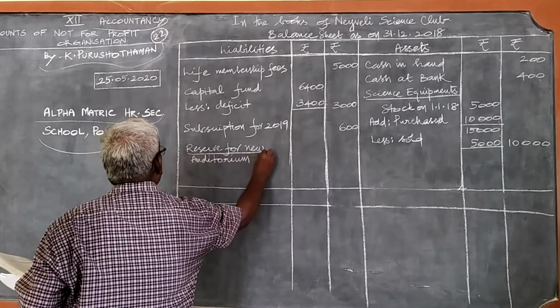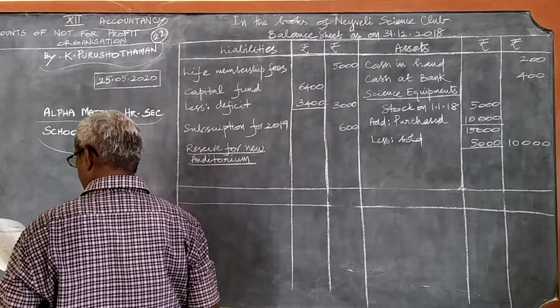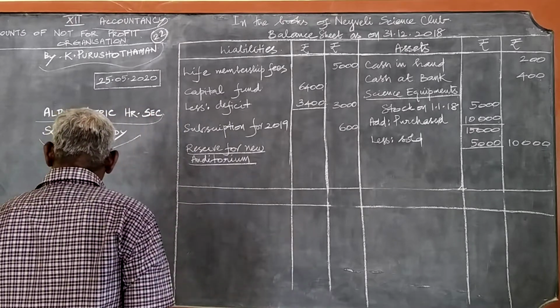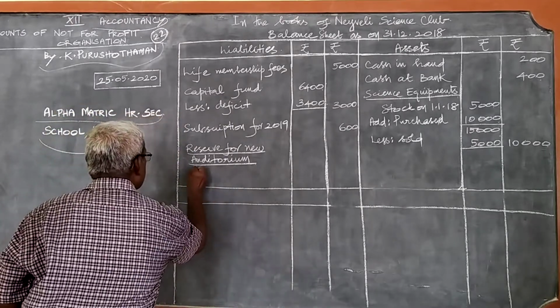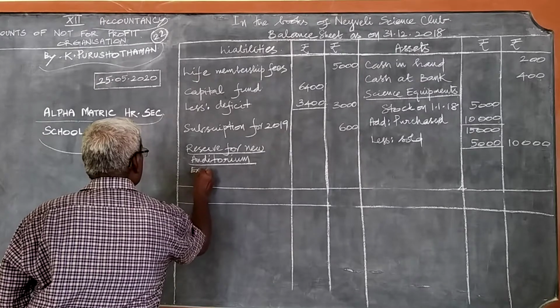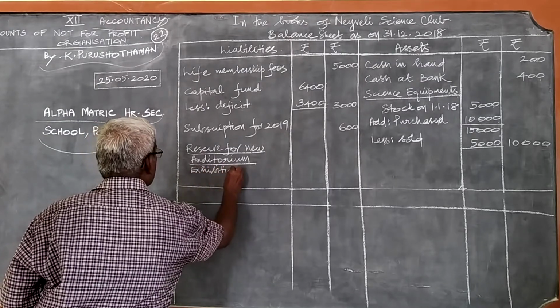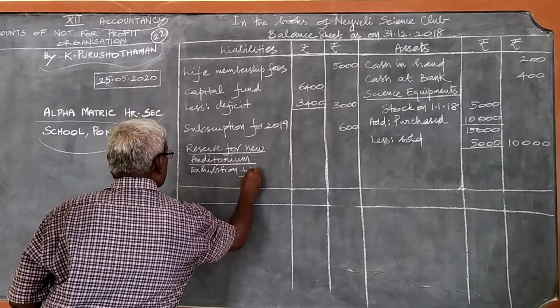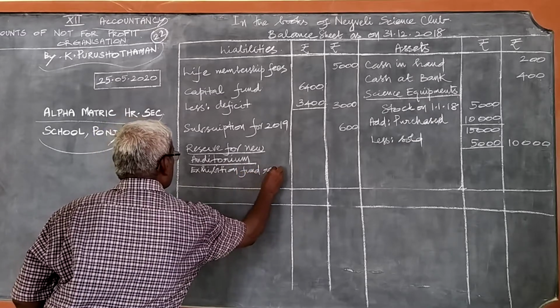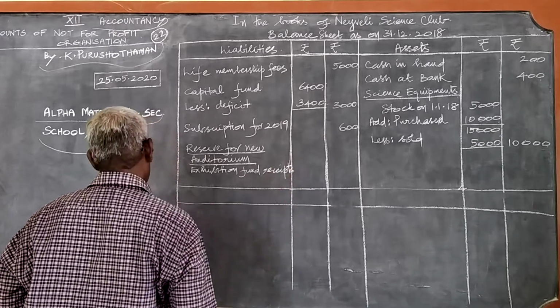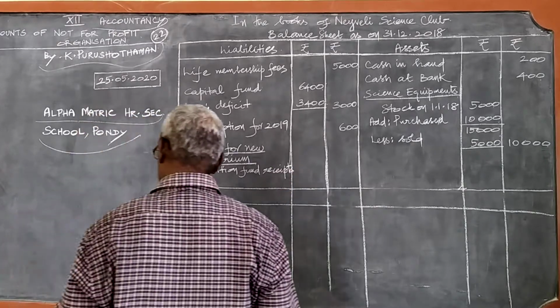Reserve for new auditorium, give the heading, and under it, exhibition fund receipts 7,000.